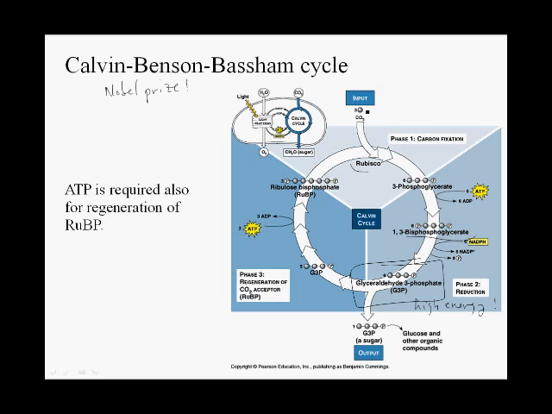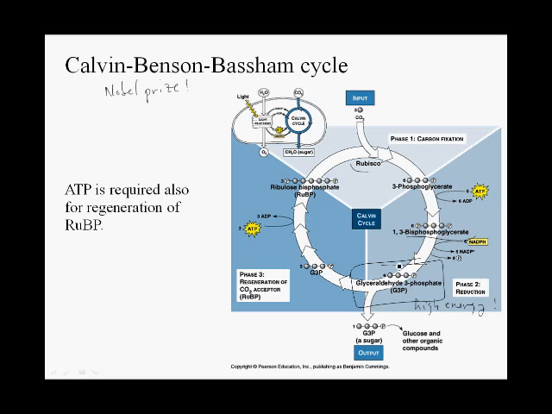And so if we just consider 3 parallel reactions, there's 3 molecules of Rubisco, each of which fixes a CO2, so 3 carbon dioxides combined with 3 RuBPs, and as a result they're going to form 6 molecules of 3-phosphoglycerate.